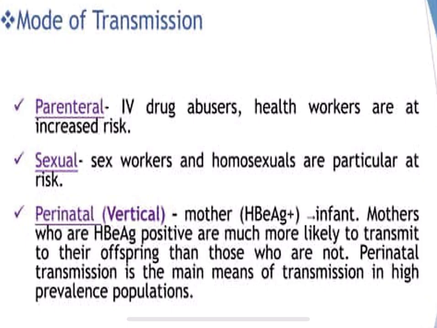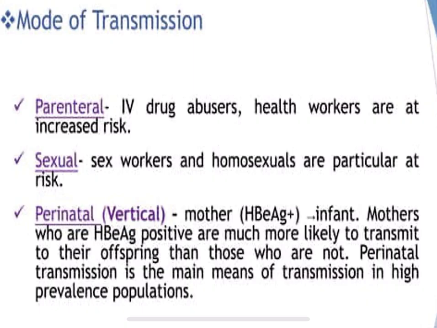Okay, let's move further to the mode of transmission. The mode of transmission is parenteral, that is, IV drug abusers and health workers are at an increased risk. Sexual: sex workers and homosexuals are particularly at risk. Then we have perinatal.